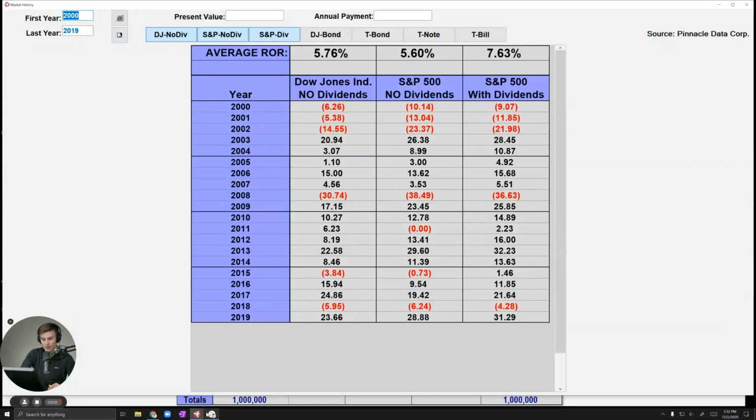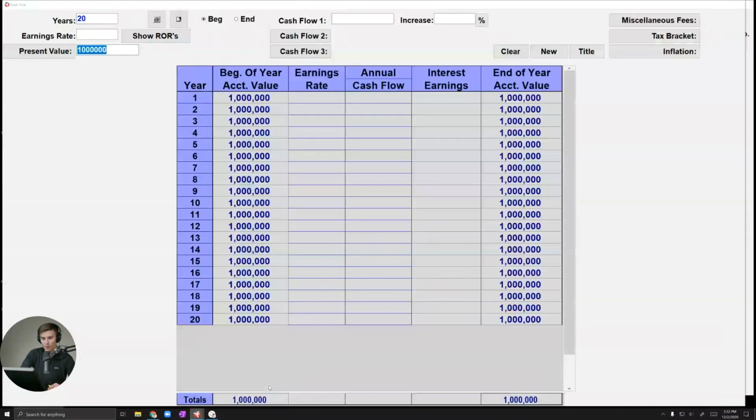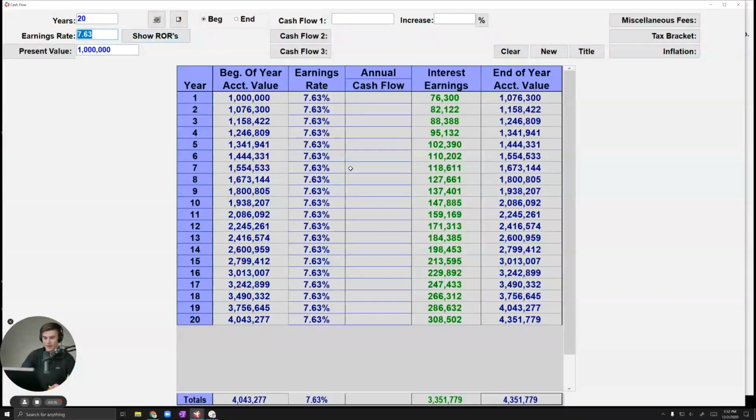Okay. So if we take 7.63% and just assume the average for the moment, you'll see that over 20 years, your nest egg from $1 million grows to 4.3. Power of compound growth.